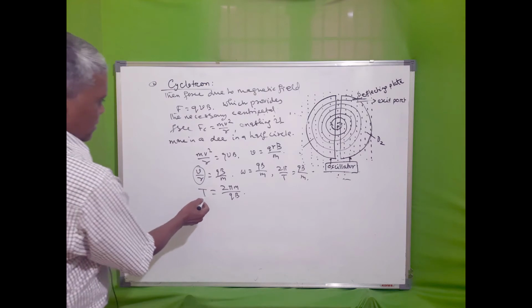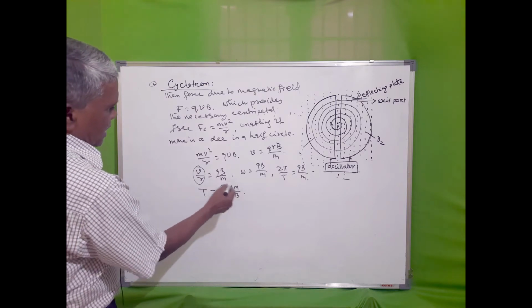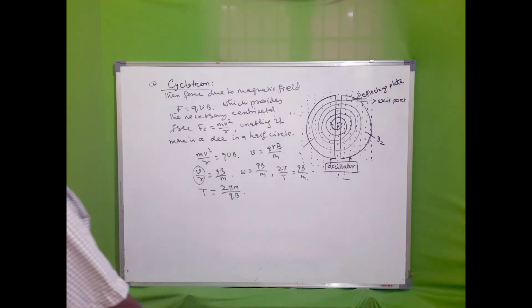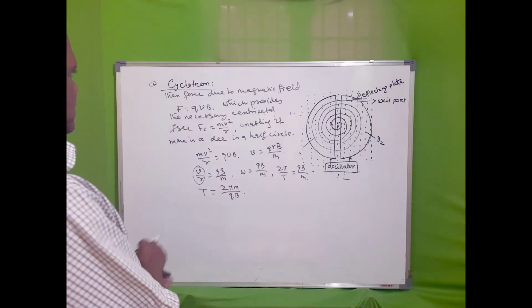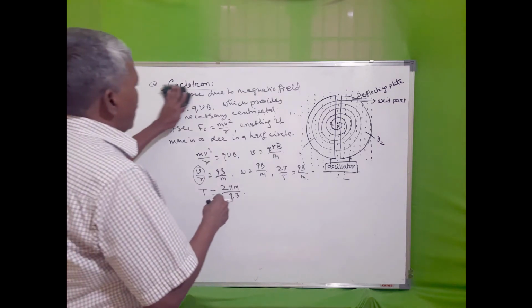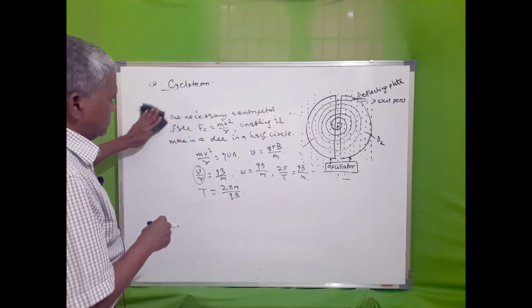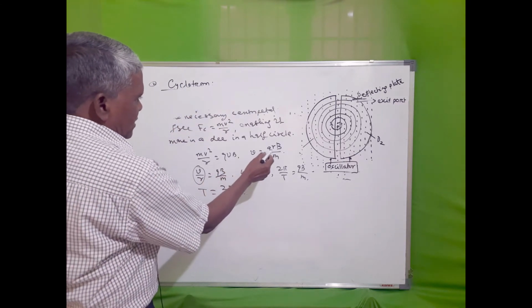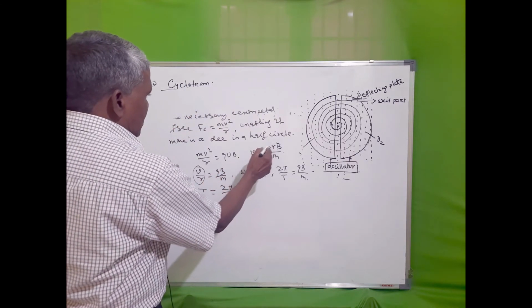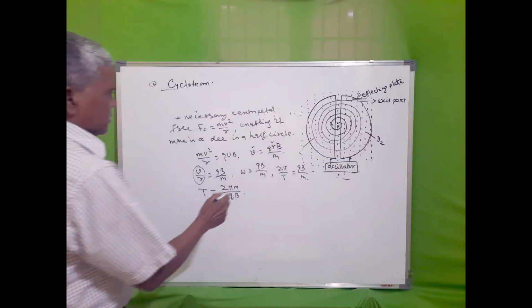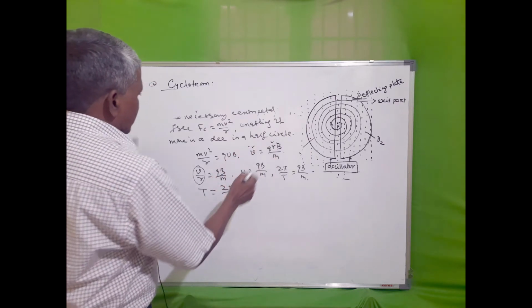Here it is found that the time period does not contain velocity. More the radius, more is the velocity.